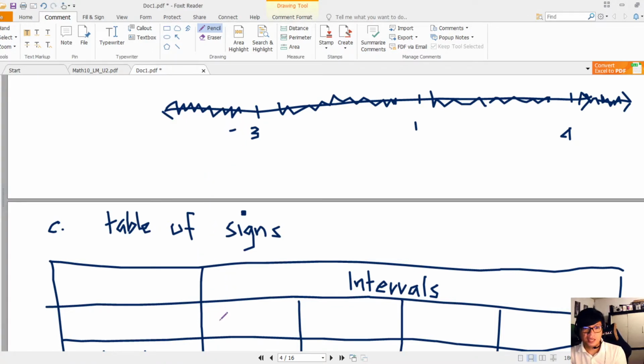Second interval natin is x is between negative 3 and 1. Next one is x is between 1 and 4. And the last one is x is greater than 4.